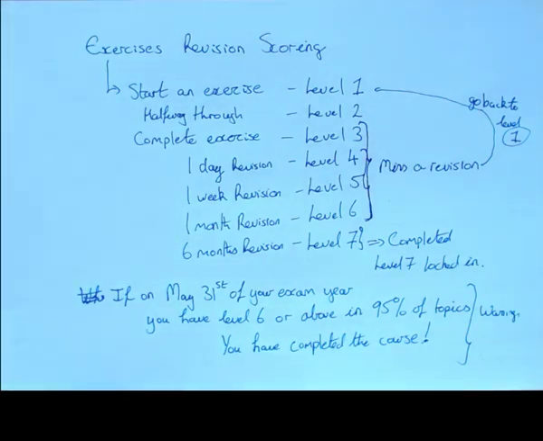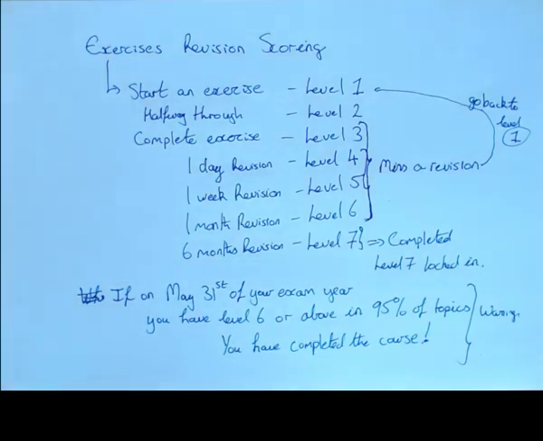Now, about scores. Different topics have different scores depending on how difficult everybody found them. It's calculated automatically based on the difficulty for those who are doing the exercise, and when you've completed the exercise, you get that score. When you complete your first revision, you double your score.